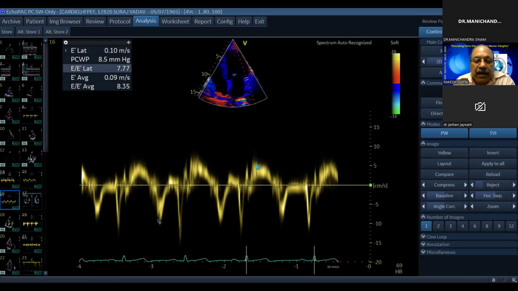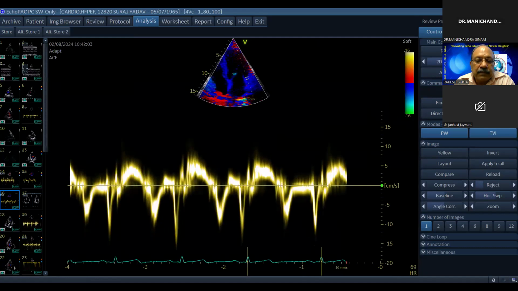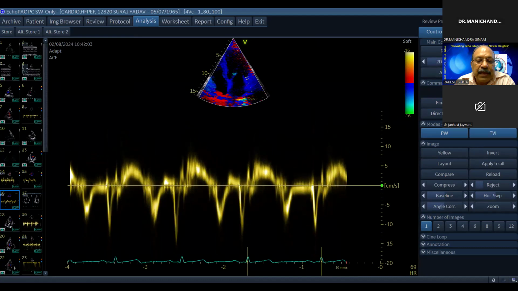This is what the image is. Now I'm increasing the gain of this image. So what exactly is happening? There is blurring of the image, overestimating my TDI velocities. Now I'll reduce to optimal gain. Now this is optimal gain. I have to measure my TDI velocity over here.